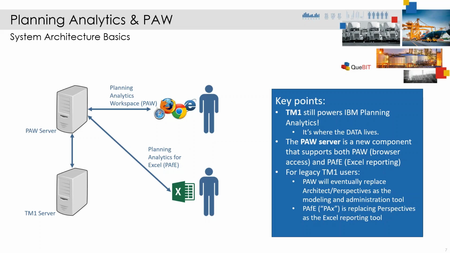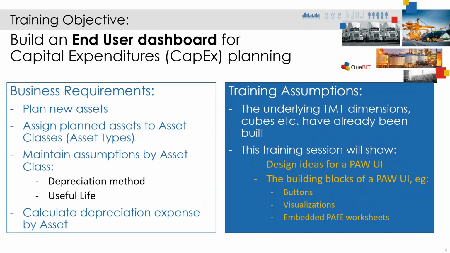Now, IBM has a lot of videos for hands-on PAW builds, and we want you to understand the business problem of what we're building out in PAW today. So here's a real-life business challenge that our clients come to us needing help with.